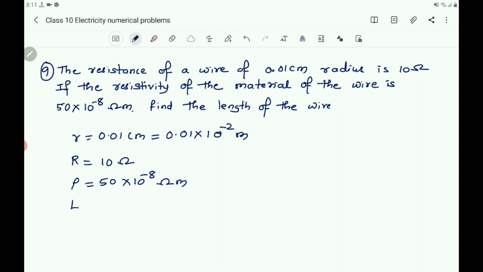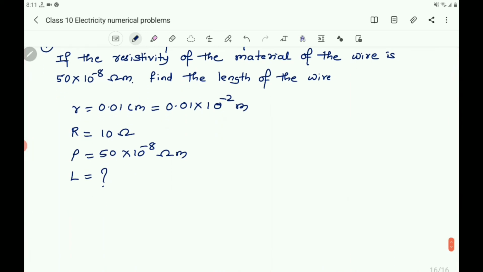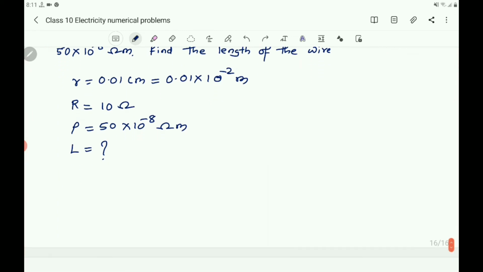And what we have to find out? We have to find out the length of the wire. You take small letter L or capital letter L, then you write the formula. Write the relation among these, and you know that is R equals resistivity into length divided by area of cross section.